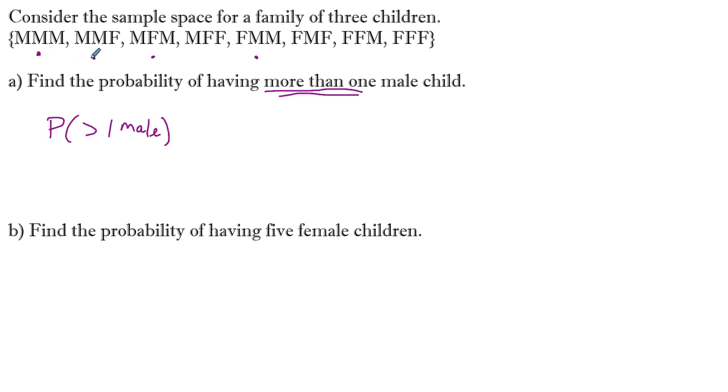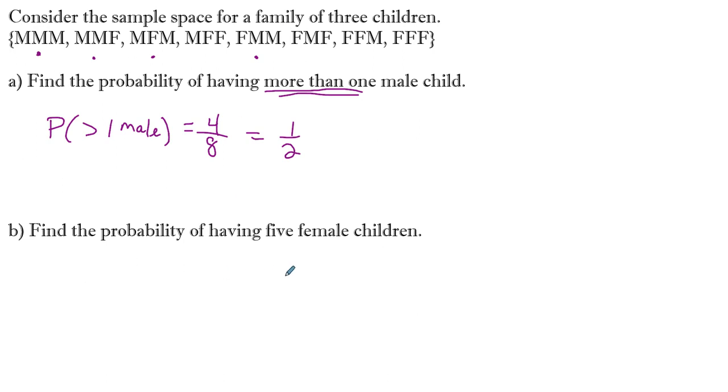So if we count those up, we have 4 out of 8, which reduces to 1/2. So that means that in a family of 3 children, 1/2 of the time, the probability of having more than one male child would be 1/2 or 0.5.